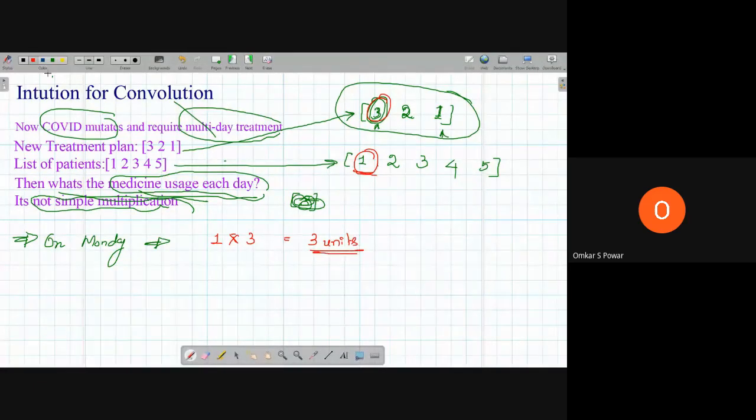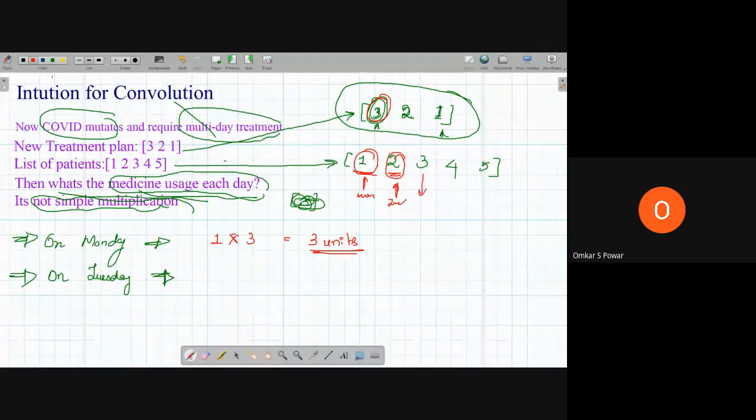Now the patients come on Tuesday. So what happens on Tuesday? Let's see. So now you have on Tuesday this condition. This is for Monday, this is for Tuesday, this is for Wednesday, Thursday, and Friday.